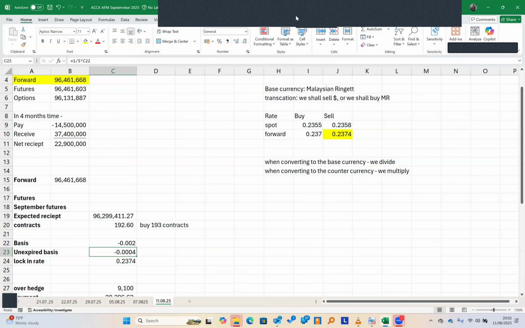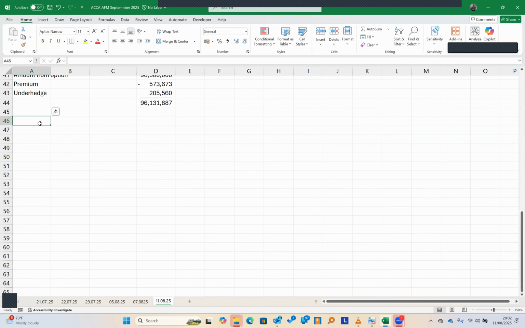So basically, it gives you a minimum that you will receive, but it doesn't cap you on the maximum. That's the option. There is another instrument called the collar, which actually caps you in both cases, but that's not what was asked of us here. So that is the first part.